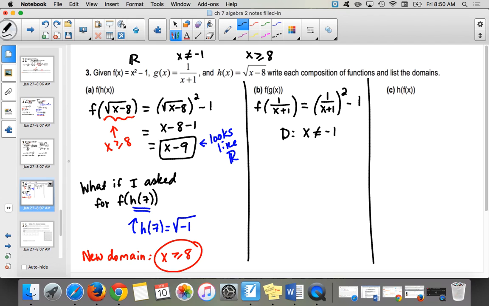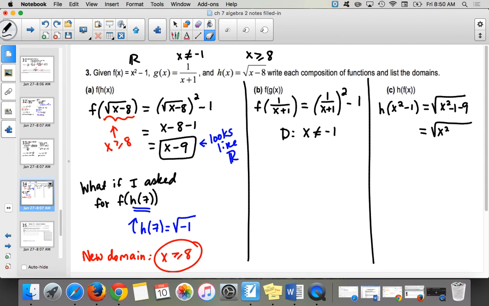And then h of f of x is going to be h of x squared minus 1. So we're going to have the square root of x squared minus 1 minus 8, sorry, not minus 9, minus 8. I was already doing the subtraction. So x squared minus 9, like that.